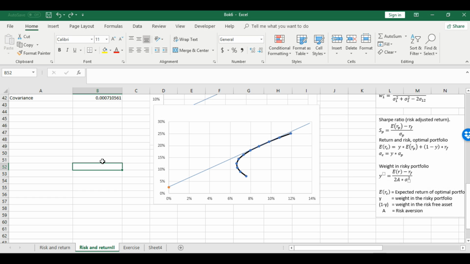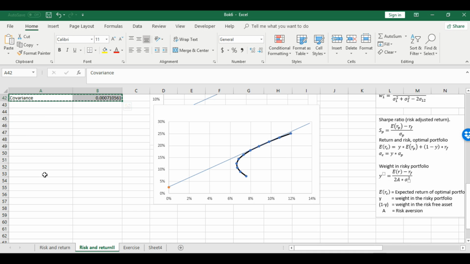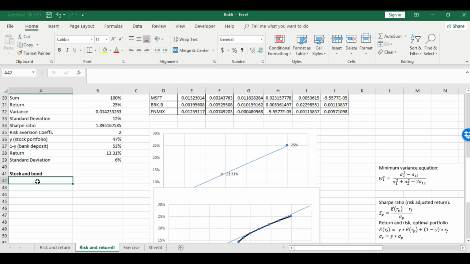We will also use the solver function to find the combination of the risky portfolio and the bond fund that has the highest Sharpe ratio. So there, we move this cell down a bit. Stock portfolio.